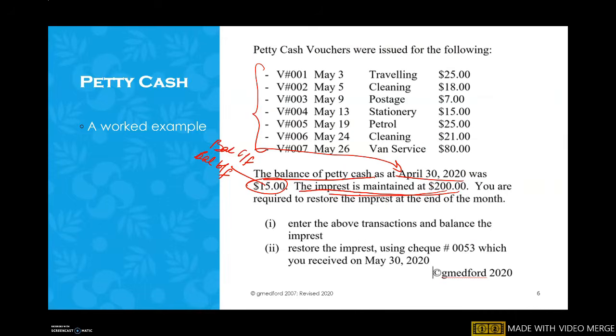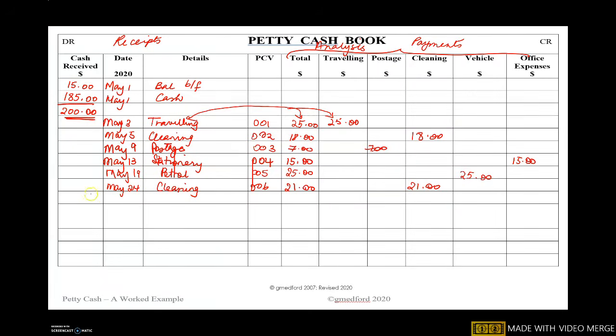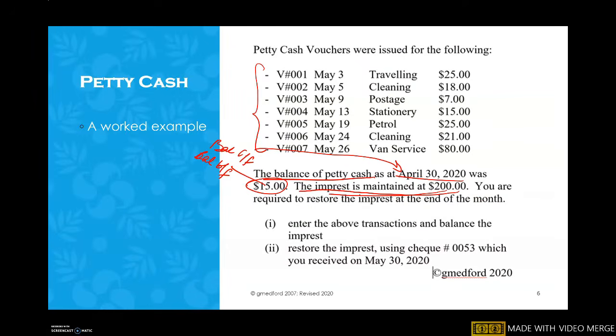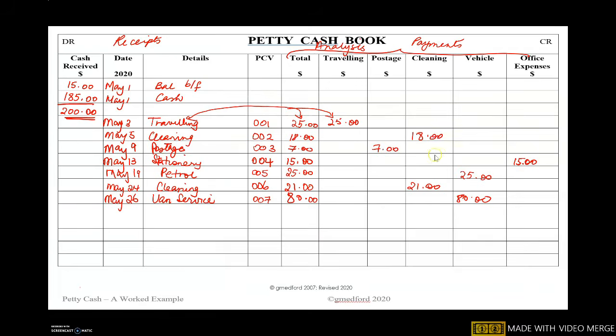And May 26th, van service of $80. Voucher number 7, $80. Correspondingly, it goes into our vehicle column. So we have just entered all these transactions shown here.